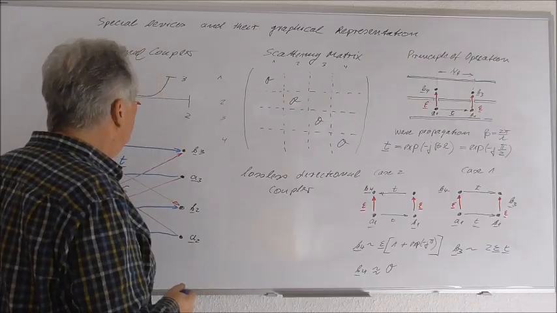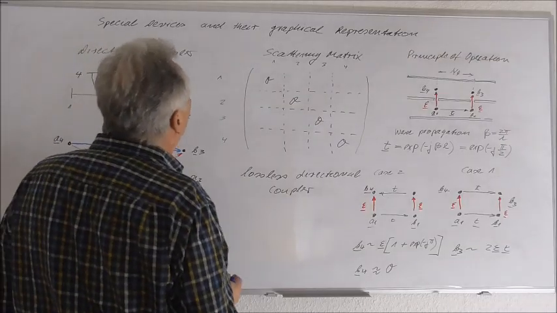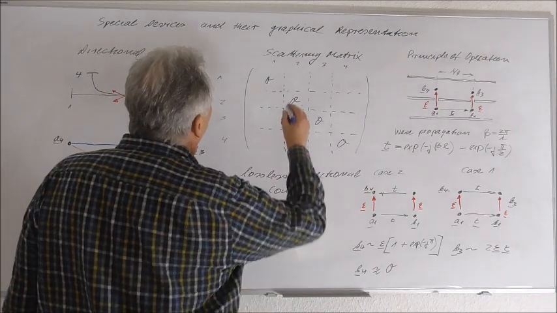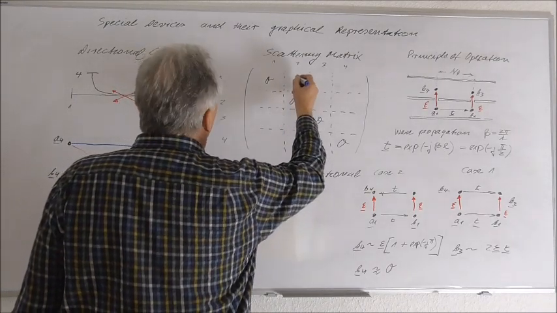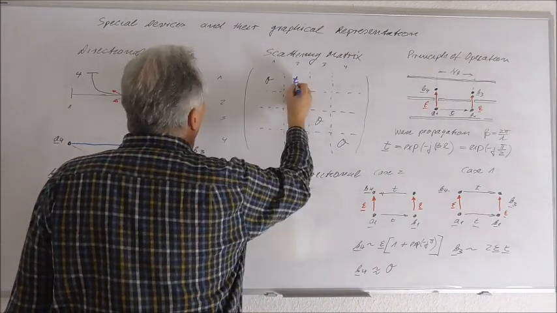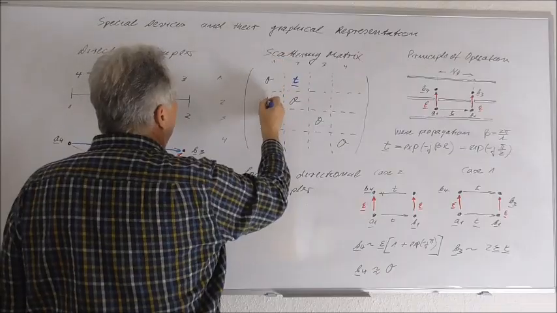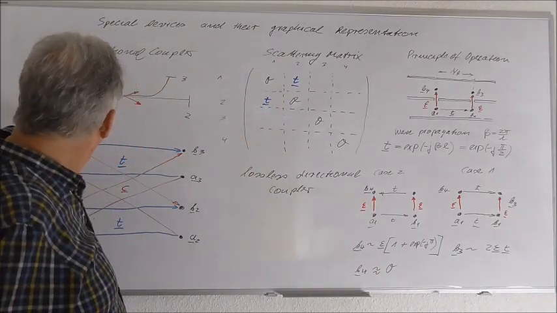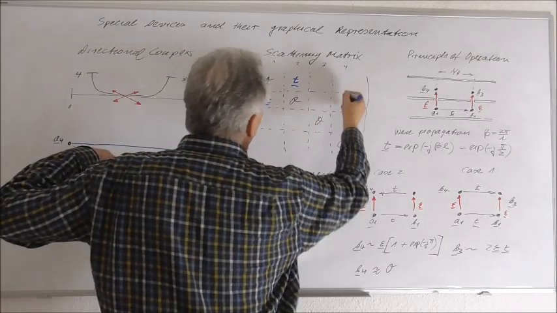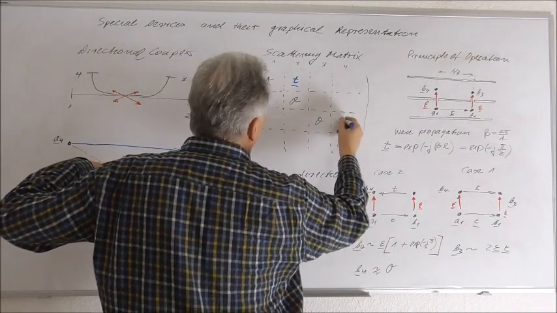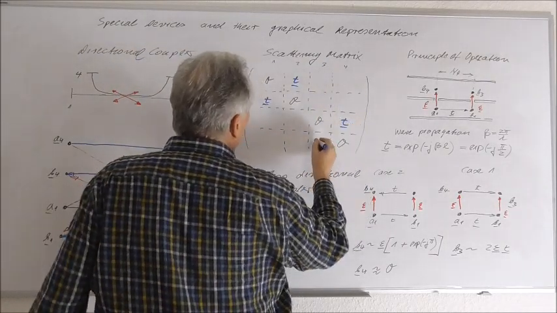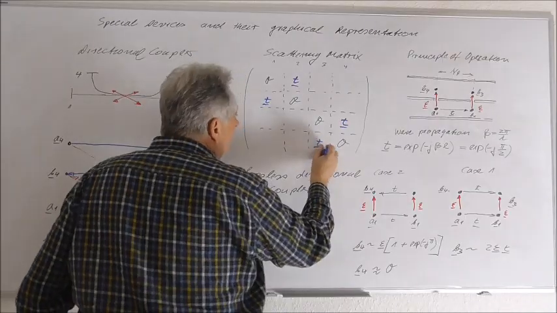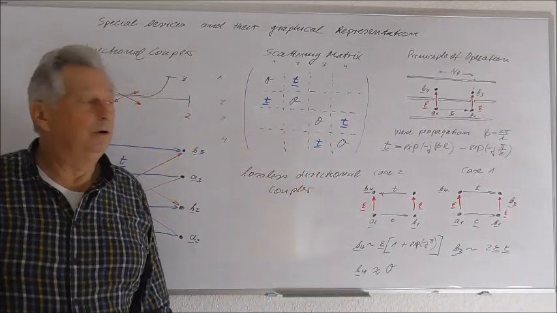So we have a transmission, for example, from port 2 to port 1, and also from port 1 to port 2. And we will have a transmission from port 4 to port 3, and also from port 3 to port 4.